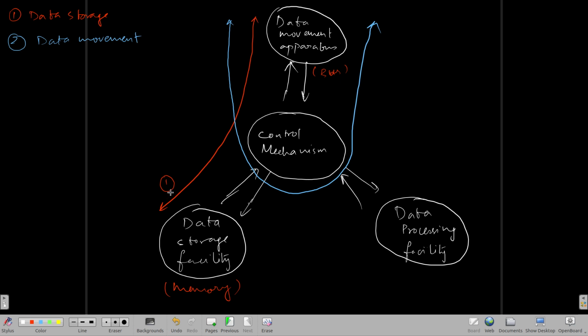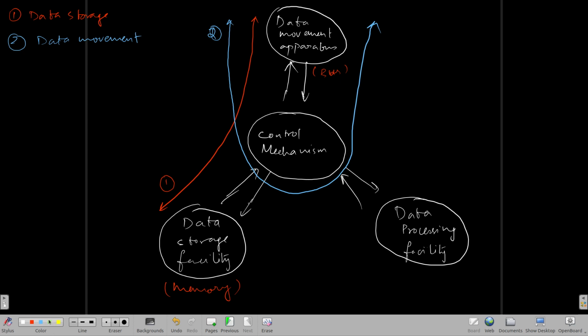Here we were taking something from an input output device, and we were storing it, or we are taking some data from the storage and moving it to the input output. That was the first part. In data movement, we are not storing it in the memory. Instead, we are taking data from one input device to the other, or from one input device to the output device. That is, we are not storing it, but we are moving it from one part of the system to the other. Okay.